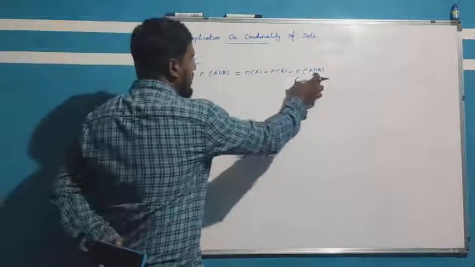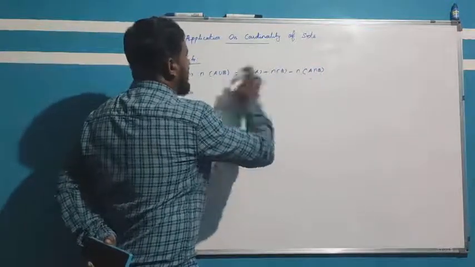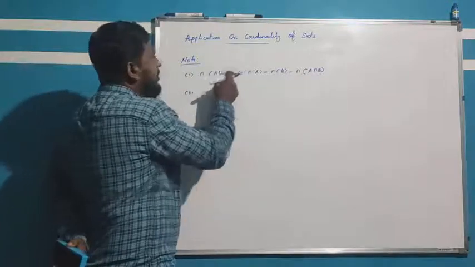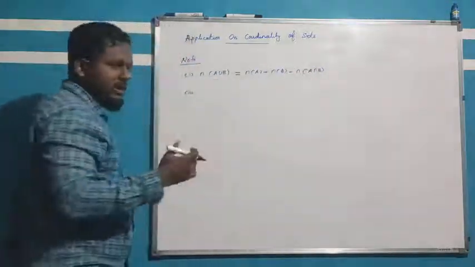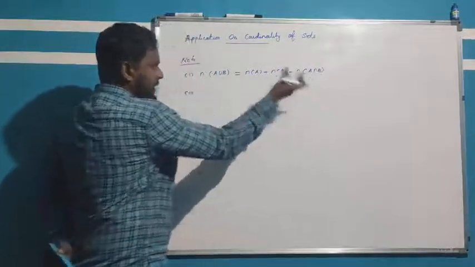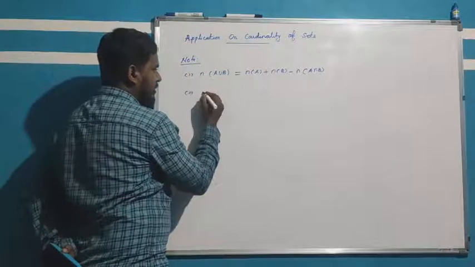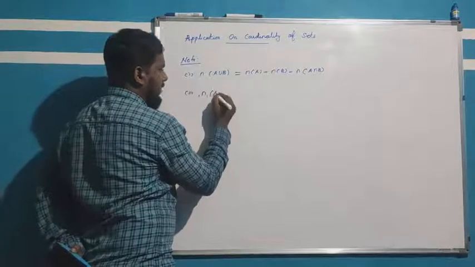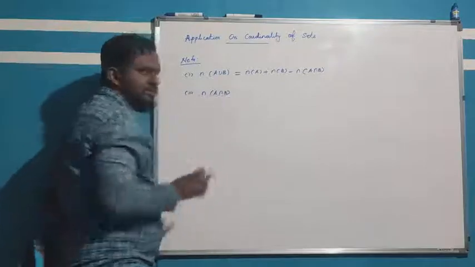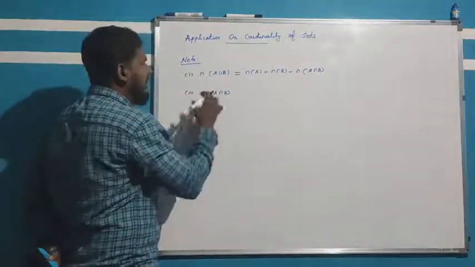To find it, we have to interchange the LHS and RHS: n of A union B and n of A intersection B. The minus n of A intersection B on the right becomes positive on the left, giving n of A intersection B. Now, how to find A intersection B?